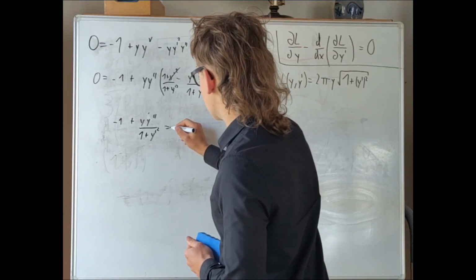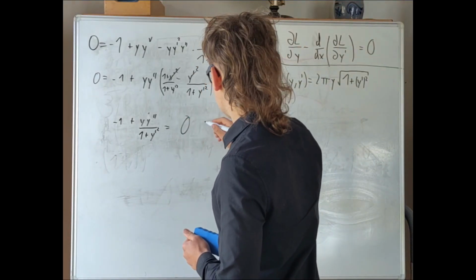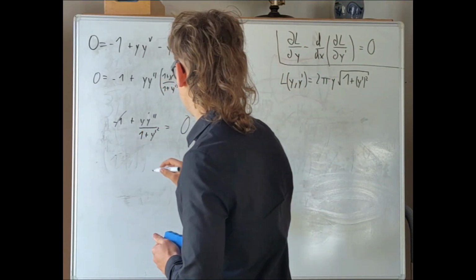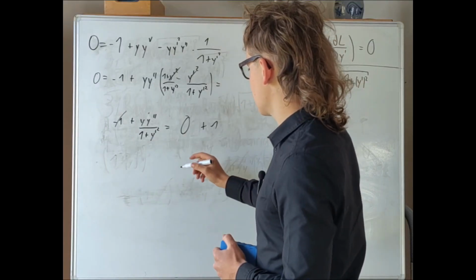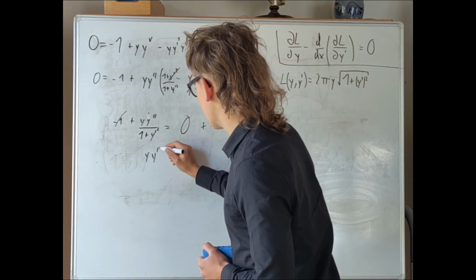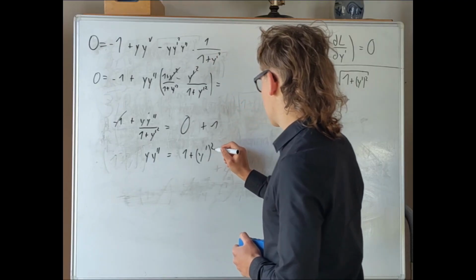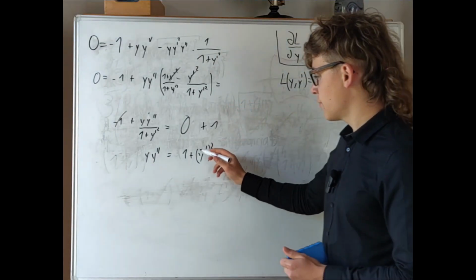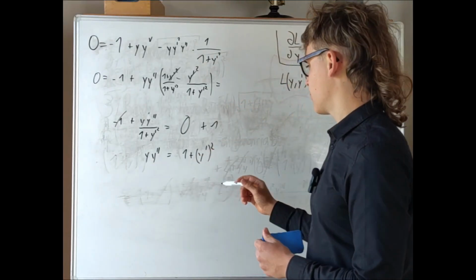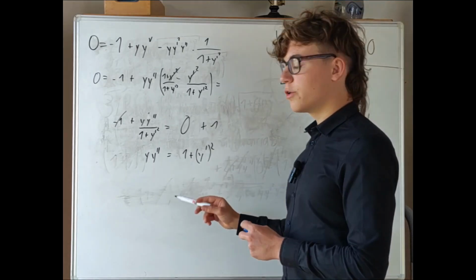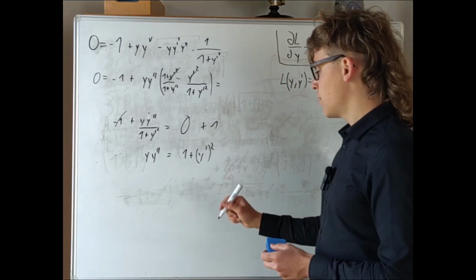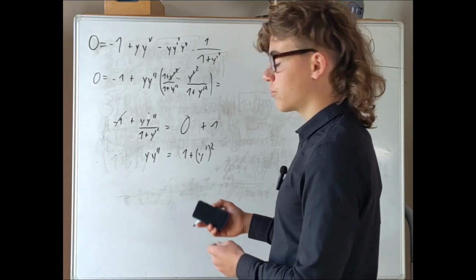And because this is equal to 0, let's just add 1 and multiply by this, so we get y double prime is equal to 1 plus y prime squared. We can get back the parentheses. And that's a really neat formula. So if you already know the solution, you can now check this, but of course we don't.